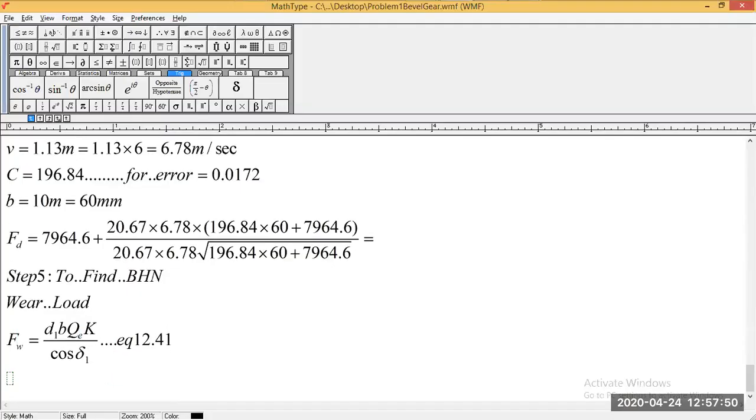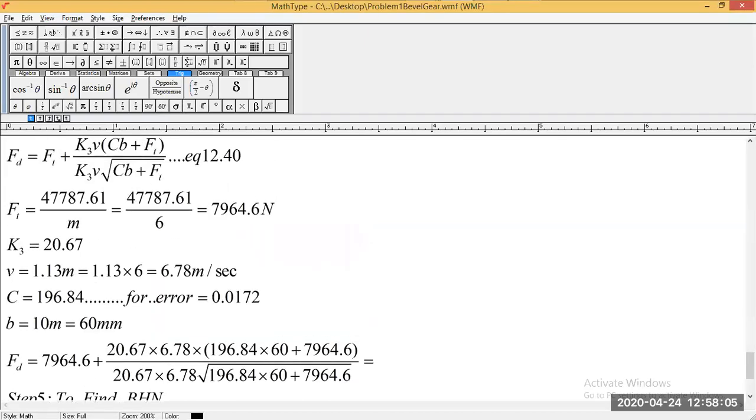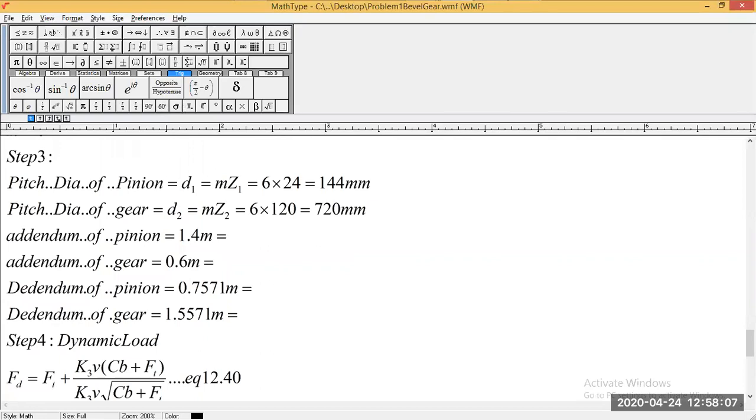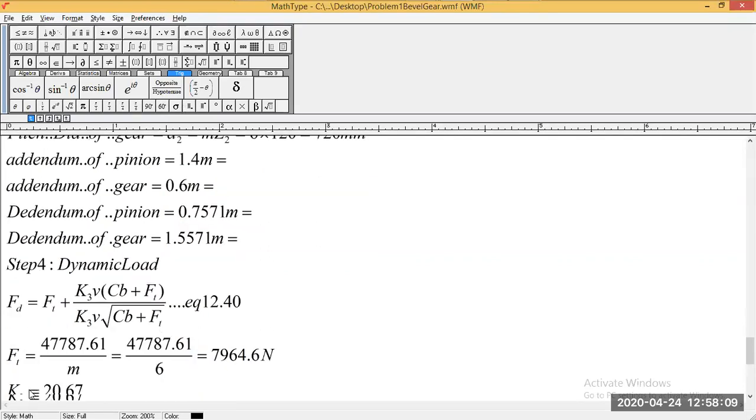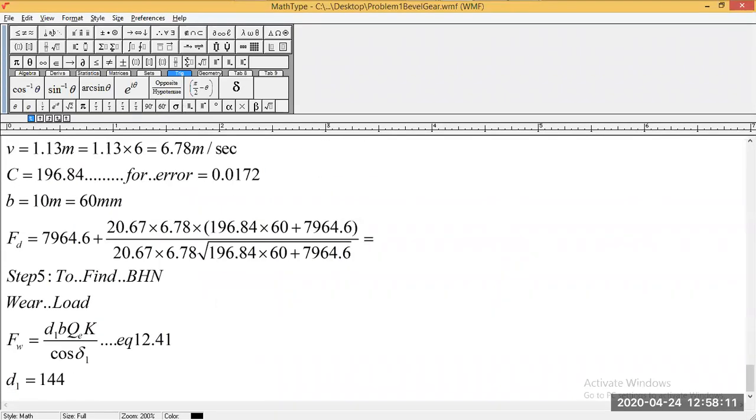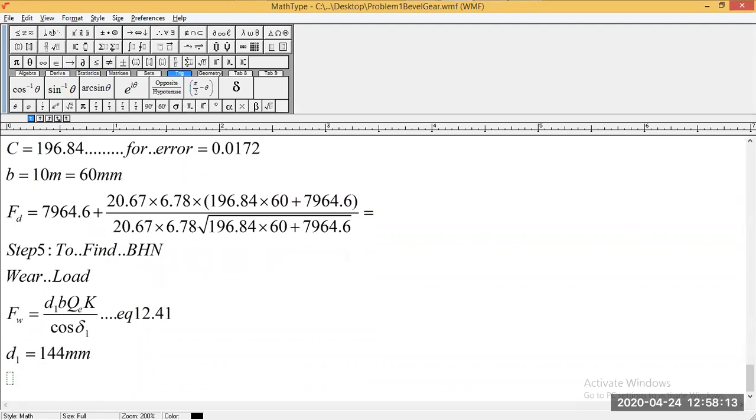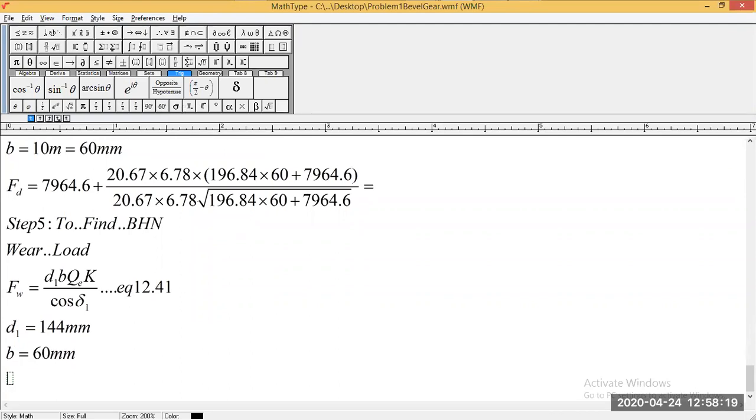Right. So here let's take this one by one. D1, I think we have found in the third step. D1 is 144 mm. B is 60, also found in the previous step. Then QE.